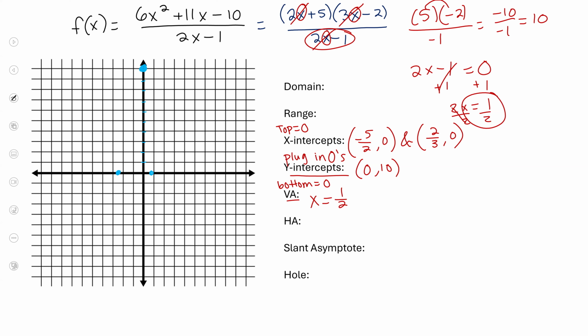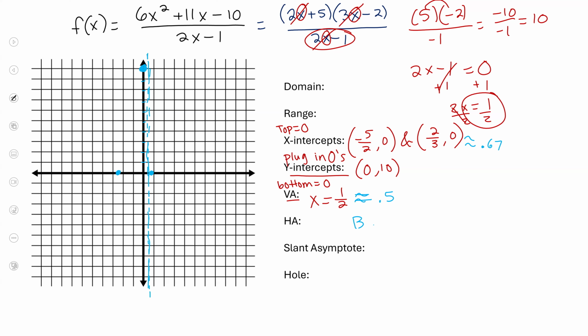And vertical asymptote at 1/2. Remember, this is approximately 0.67, and this is equal to 0.5. Okay, so this x-intercept is to the right of that vertical asymptote.